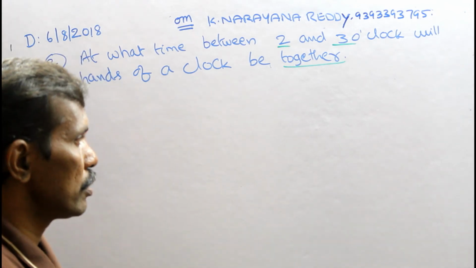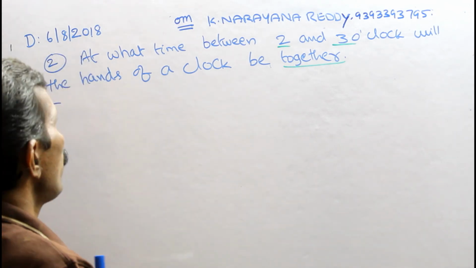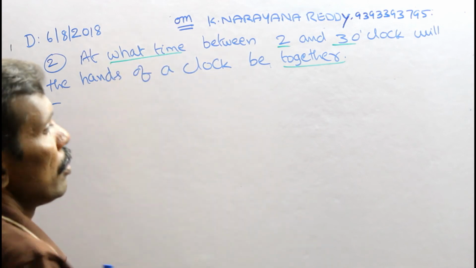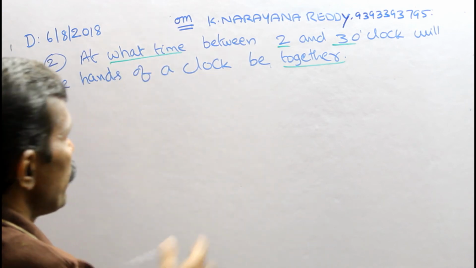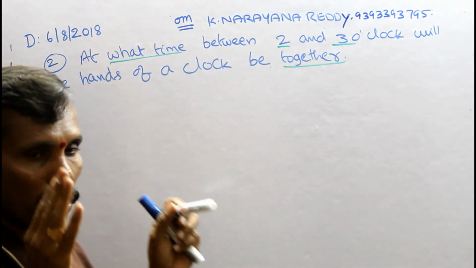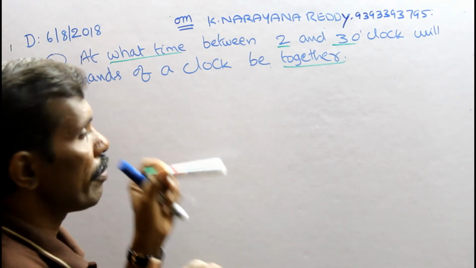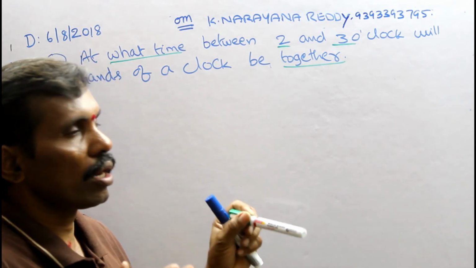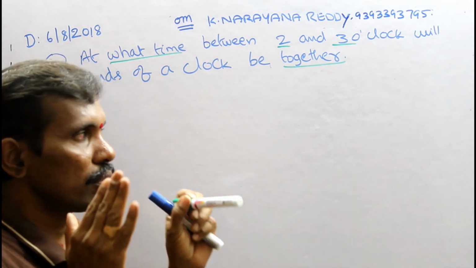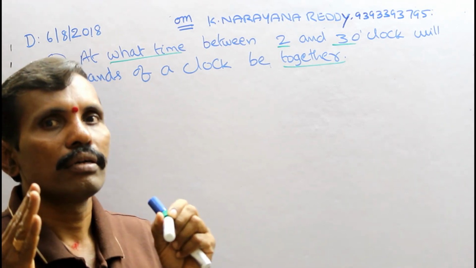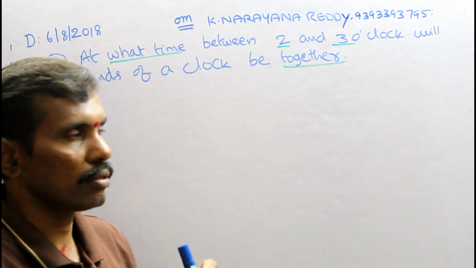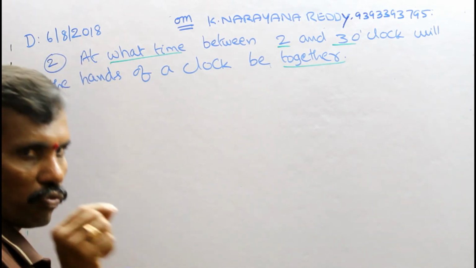That we have to find. So between 2 and 3 o'clock, at what time are the hour hand and minute hand together? That is, coincide. So that is how to find.